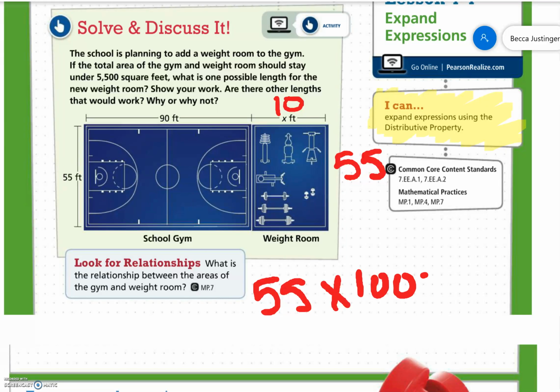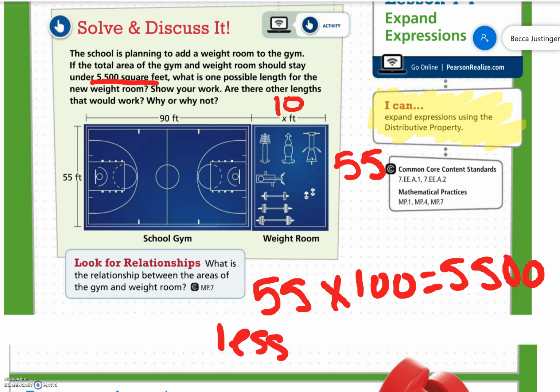If we multiply those together, we would get 5,500. And it said it should stay under 5,500 square feet. So the weight room should just be less than 10 feet.